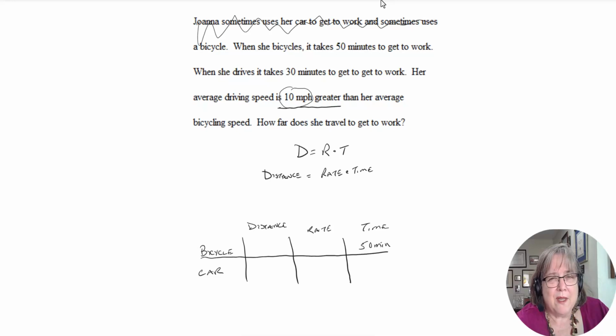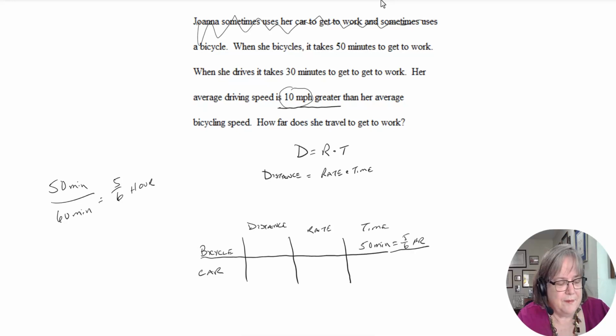So if it's 50 minutes, how much of an hour is that? Compared to 60 minutes, isn't that 5/6 of an hour, right? So this is 5/6 of an hour. That's the time.